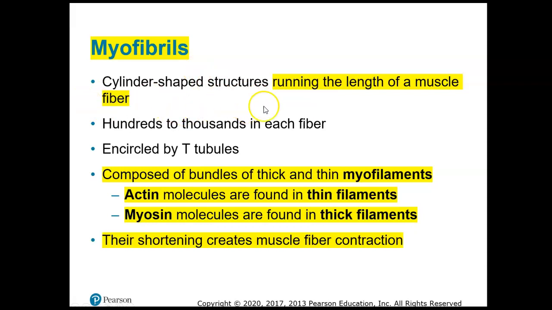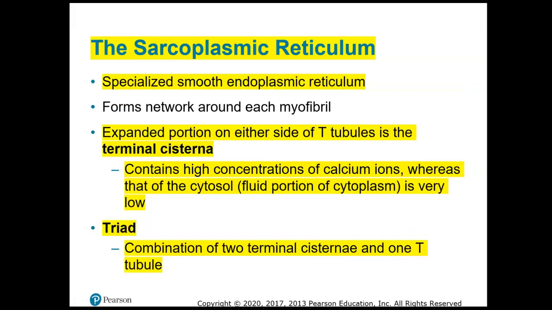So the muscle fiber, or muscle cell itself, is divided into units called myofibrils. The myofibrils are composed of bundles of myofilaments, thick and thin myofilaments. The thin filaments are actin, the thick filaments are myosin, and their shortening is what creates a contraction.